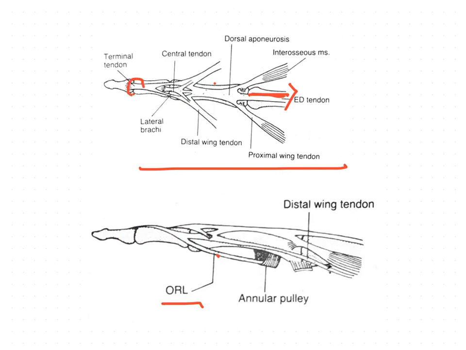The structures attached there are tensed. So if you actively or passively extend the proximal interphalangeal joint, which causes extension at the distal interphalangeal joint, the structures attached at the distal interphalangeal joint are already in tension.